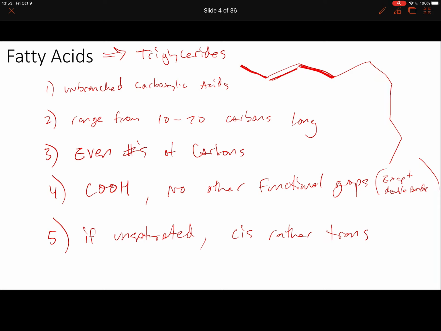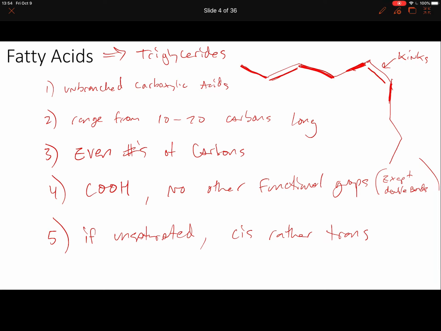They can still relatively pack together nicely because they're all shaped the same way. But if you have a double bond and your groups are cis, meaning they're on the same side of that double bond, it leaves a kink in the chain. And the fact that most unsaturated fatty acids are cis means that they have these kinks, and that's going to be important.